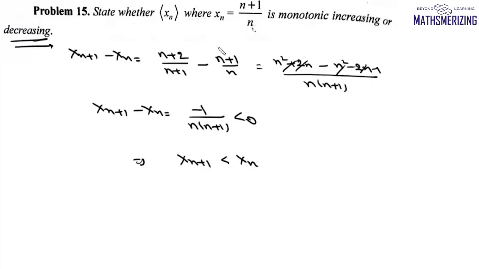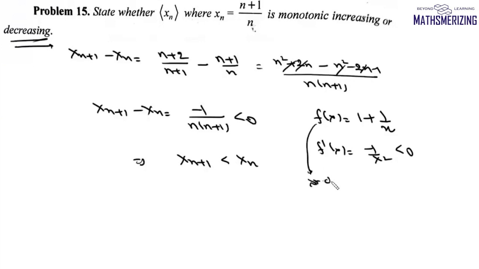Now another method to show the sequence is decreasing is by considering this function f(x) equals 1 plus 1 by x. Now if we find f'(x) it will be minus 1 upon x^2. That means f'(x) is less than 0. And if f'(x) is less than 0, then f(x) is strictly decreasing. So this function f(x) is a strictly decreasing function. So if we plot the graph of this function, it will be strictly decreasing when x is greater than 0.